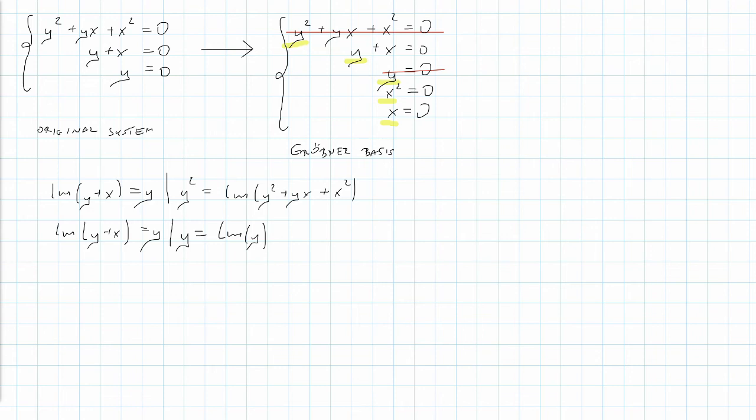Although just looking at the system, it would be more sensible to remove this equation rather than this one, you will see that in the final result we will get the same resulting system.